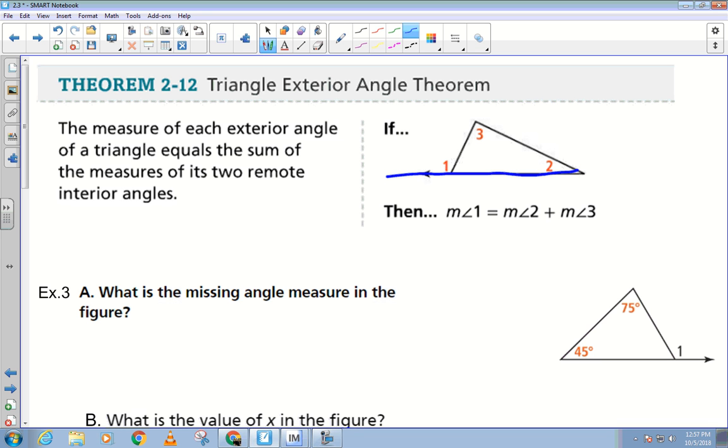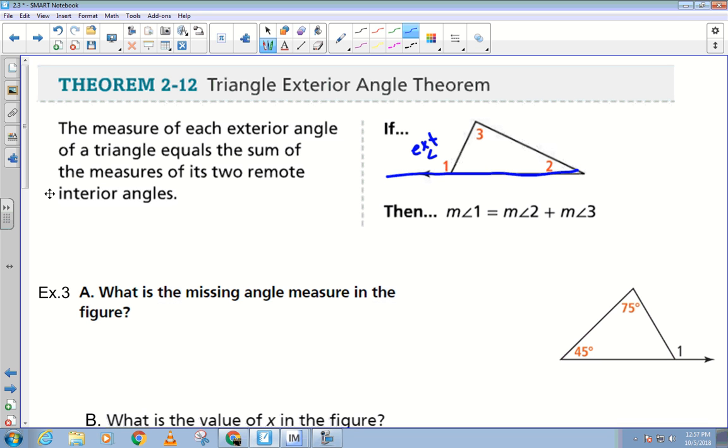Okay, so if I extend this blue line here, I create angle 1. It's created with the extension and the side of the triangle. Okay, so this right here is an exterior angle of the triangle. Then you have 3 interior angles, but 2 of them are considered remote interior. Okay, and remote means away from, because you use the remote control when you're away from your TV to change it, right?